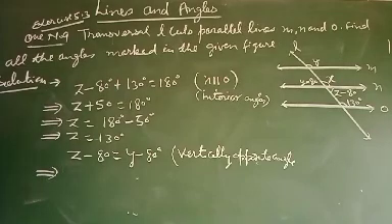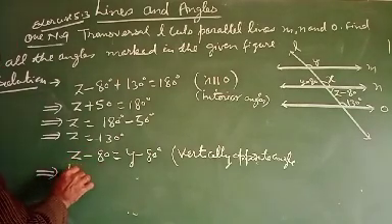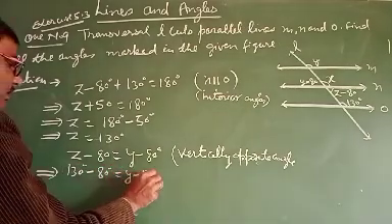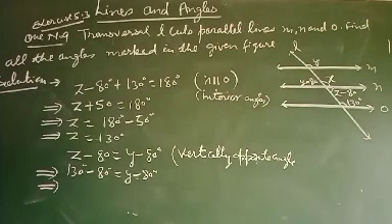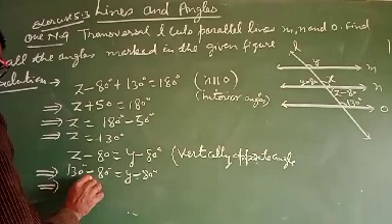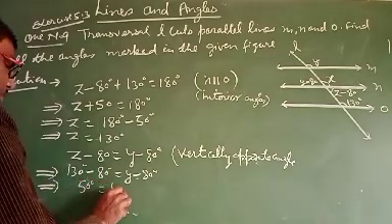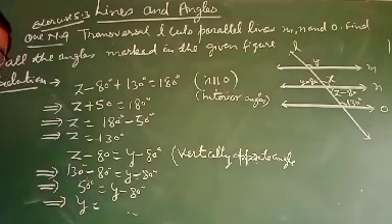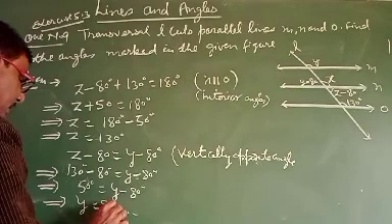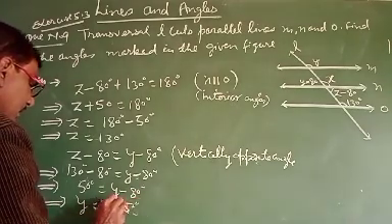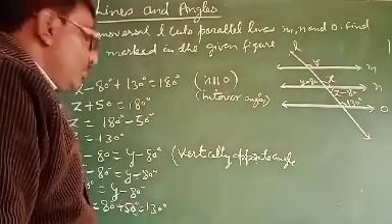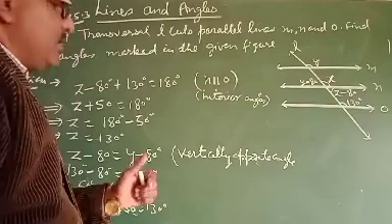Therefore put the value of 130 here. 130 degree minus 80 degree equal Y minus 80 degree. 130 minus 80 will be 50. 50 equal Y minus 80 degree. Therefore Y equal 80 plus 50. 80 degree plus 50 degree equal 130 degree. Therefore value of Y equal 130 degree.